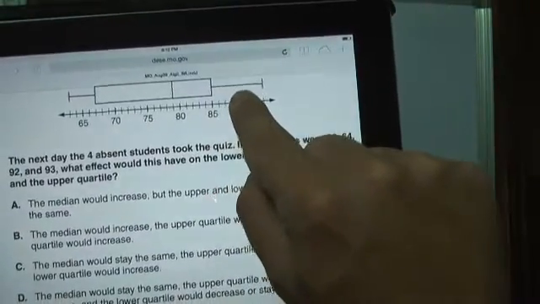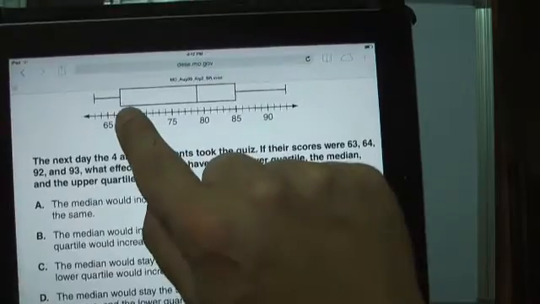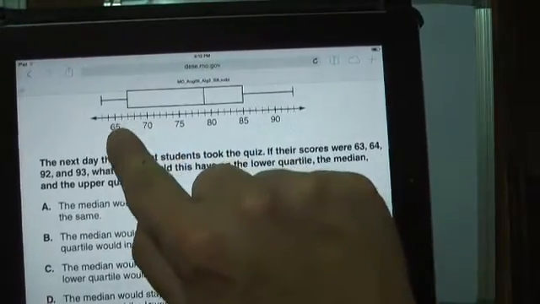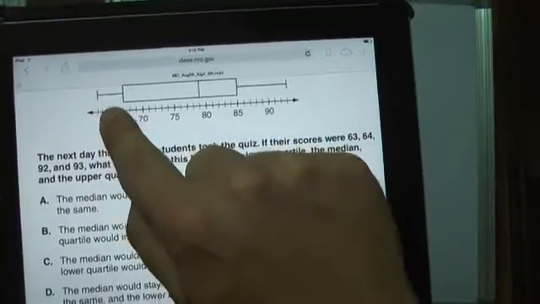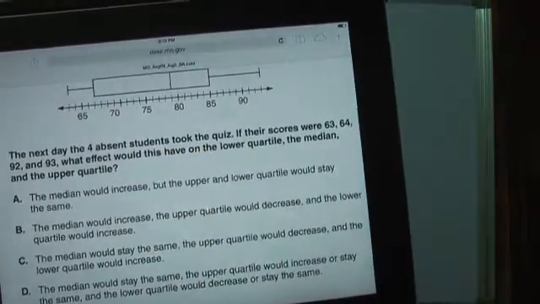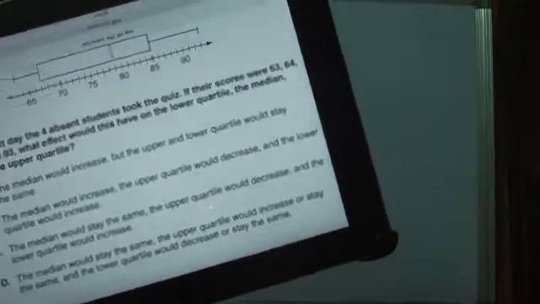And this lower quartile, since you now have 2 scores that are less than it, is going to move lower as well. So the upper quartile will increase and the lower quartile will decrease. And that is choice D for question 27, and that wasn't too bad. We had a little over 50% on that one. It's one of those questions where they're really seeing if you are analyzing your data very well.